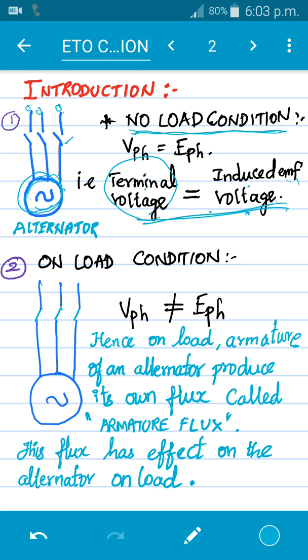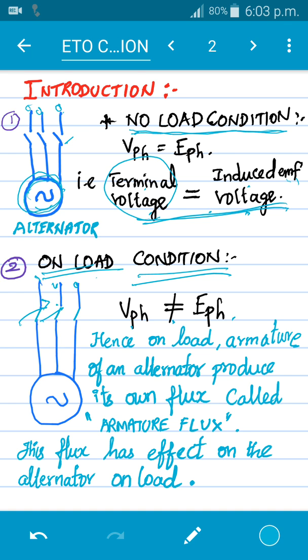So no problem. The problem arises on load condition. What is going to happen on load condition? The terminal voltage available will not be equal to the induced EMF voltage. Why is that happening?